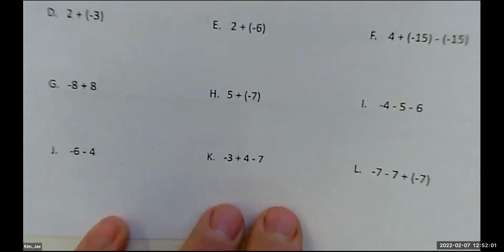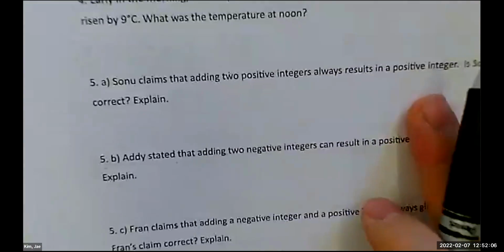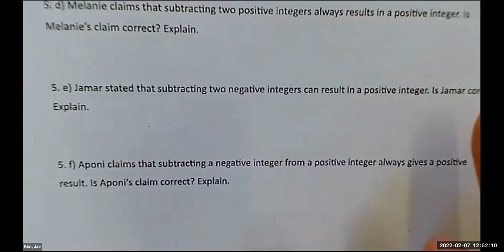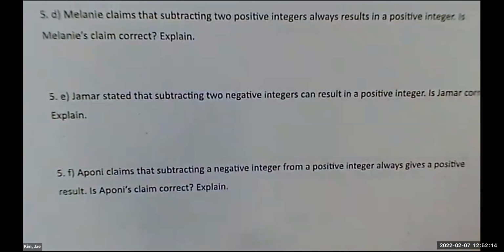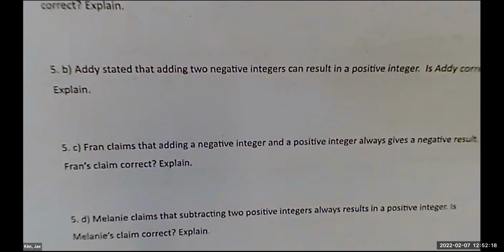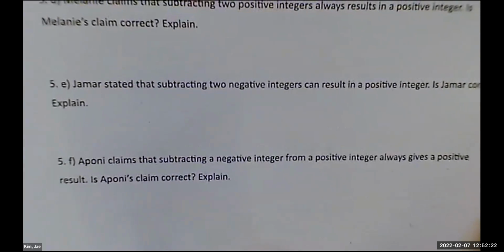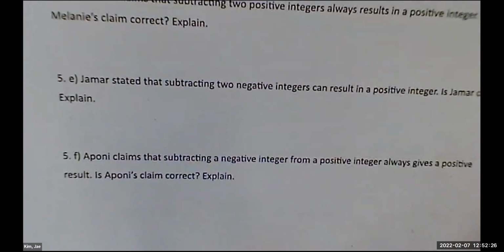Number 2 is all algebra. Number 3, all the way to the bottom, is going to be an interpretation based on word questions. However, instead of solving it, for example, number 5, all of number 5 asks you to explain whether a statement is correct or not, and it's all based on integers.